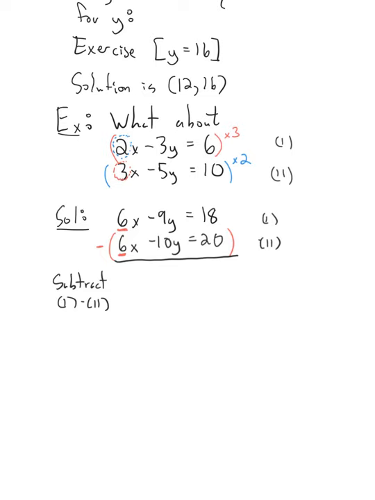Okay, so 6x minus 6x is, of course, 0x. That's good. The next one, we have negative 9y minus negative 10y. Remember, minus a negative is a plus, so negative 9y plus 10y is 1y.